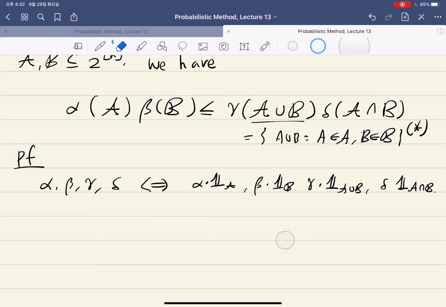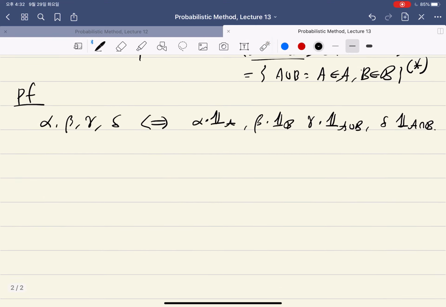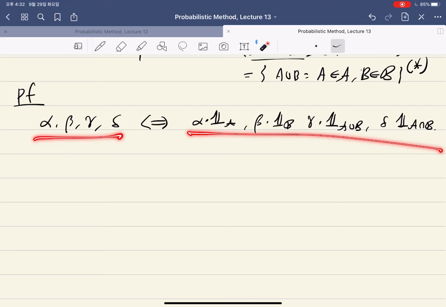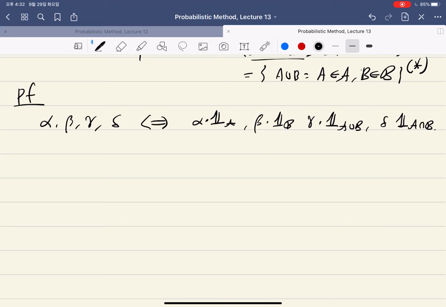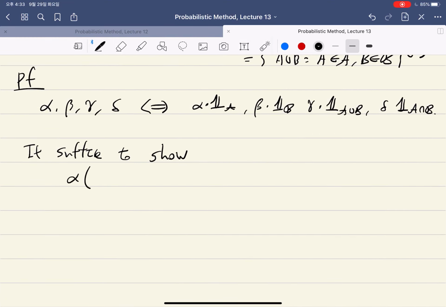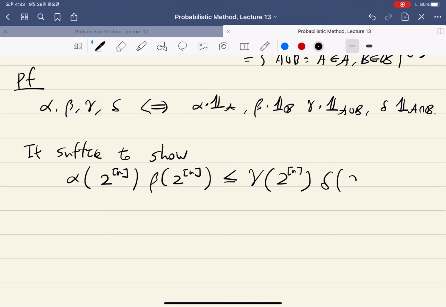So what we can do is replace this with these functions, and it suffices to show that alpha of 2 to the bracket n, beta of 2 to the bracket n, gamma of 2 to the bracket n, delta of 2 to the bracket n holds.